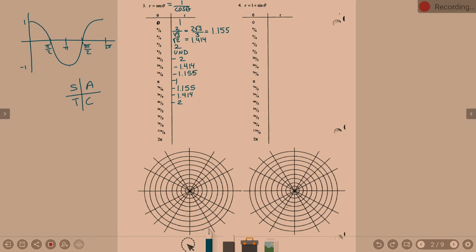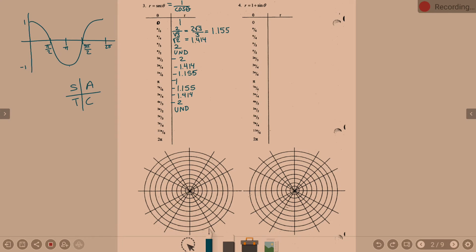What about 3 pi over 2? Cosine of 3 pi over 2 is 0, so secant of 3 pi over 2 is undefined. What about the next 3? Positive.